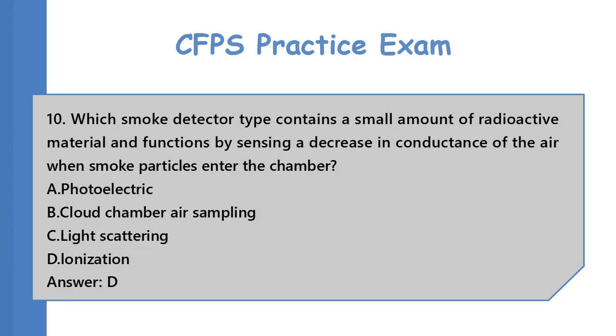Which smoke detector type contains a small amount of radioactive material and functions by sensing a decrease in conductance of the air when smoke particles enter the chamber? A. Photoelectric. B. Cloud chamber air sampling. C. Light scattering. D. Linization. Answer: D.